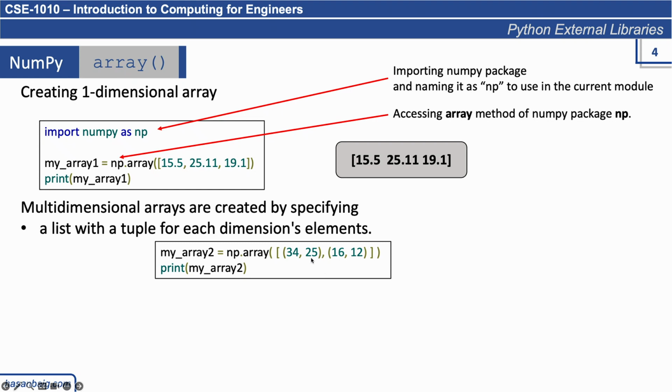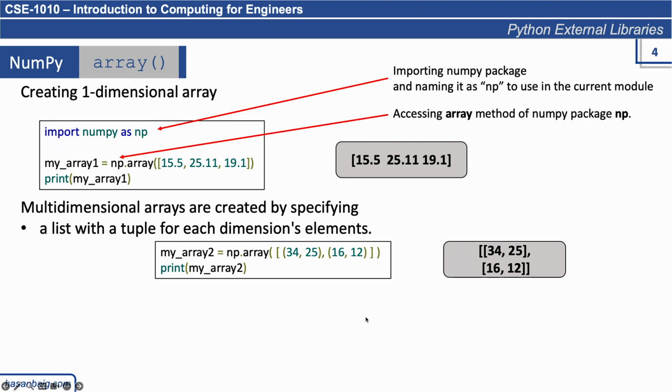Each dimension is a tuple. The first dimension is this one, and the second one is this. So this is the first row, and this is the second row: 34, 25, and 16, 12 in the second row. When you execute this code, print my_array2, it will show you a two-dimensional array. Similarly, you can create as many dimensions as you want.